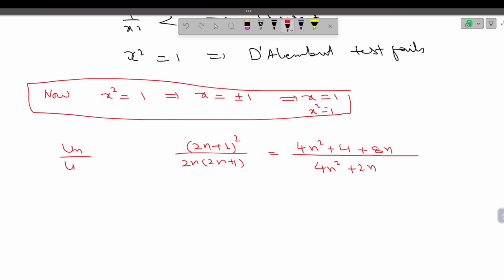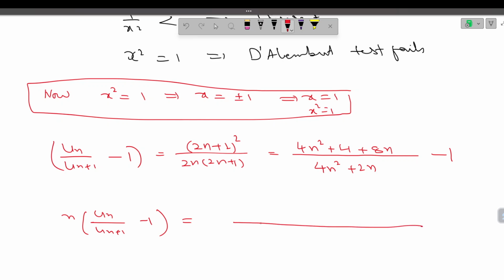So un by un plus 1 minus 1. Take minus 1. So n into un by un plus 1 minus 1.